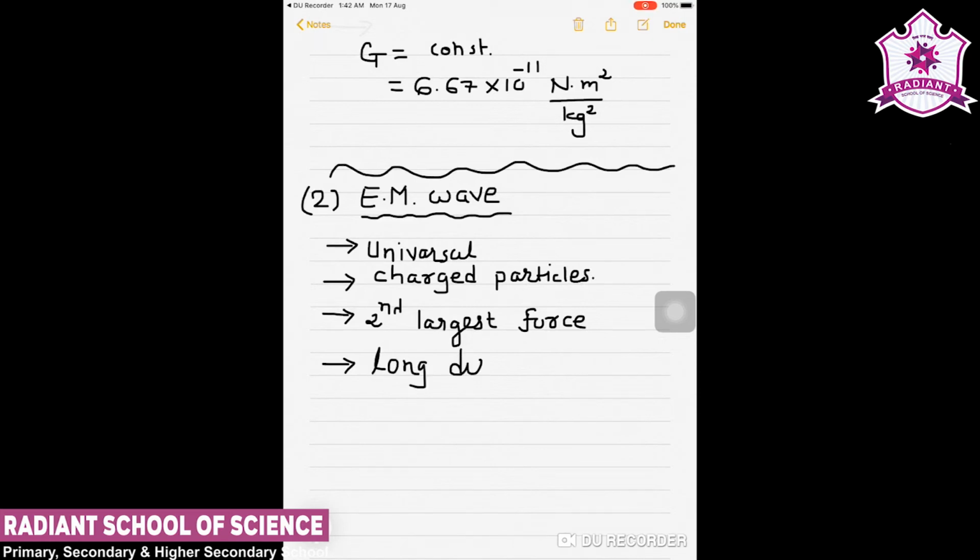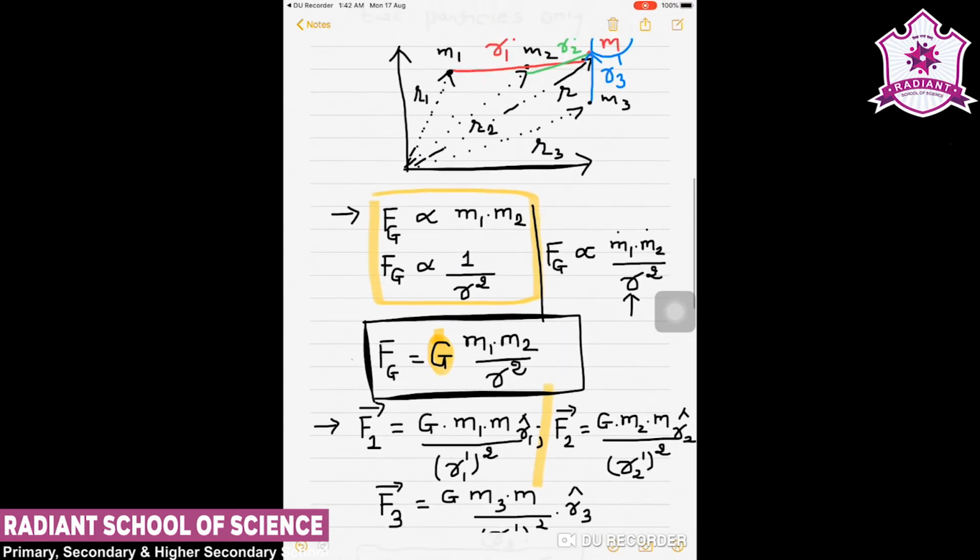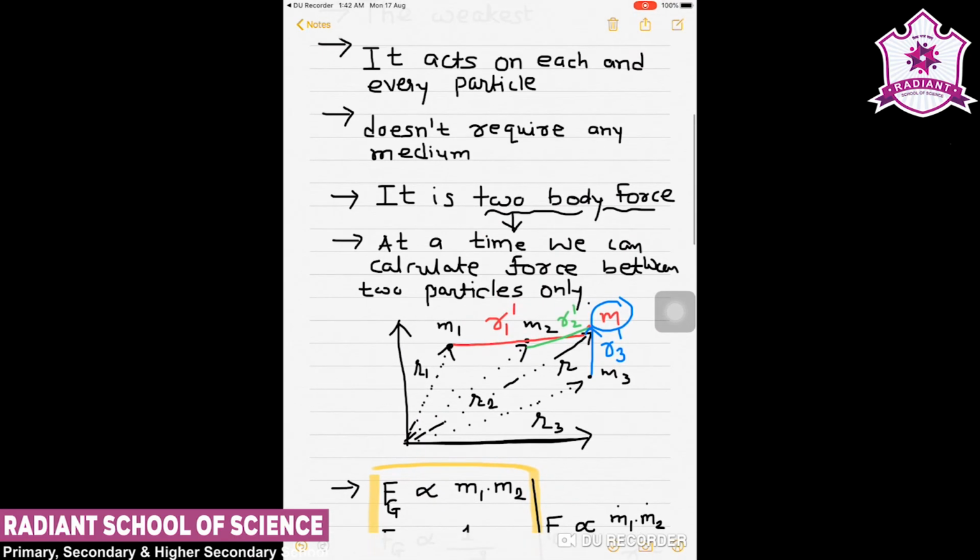The previous force, the gravitational force, was also a long distance force. So we can add that here, long distance force, that we can remember.